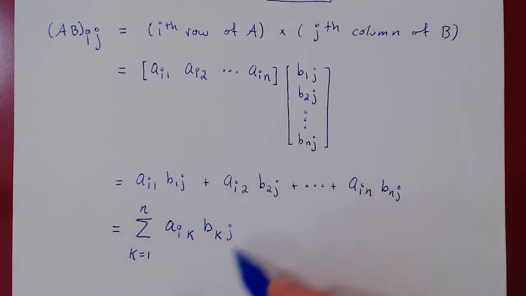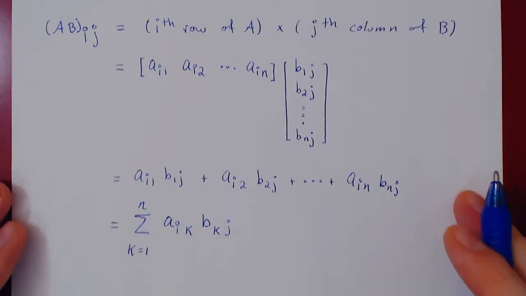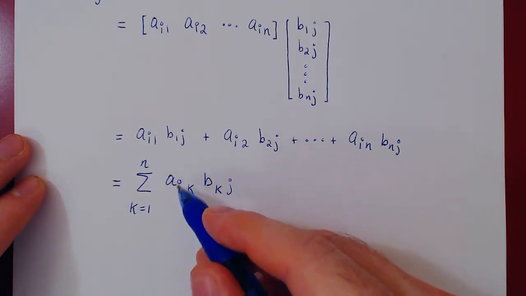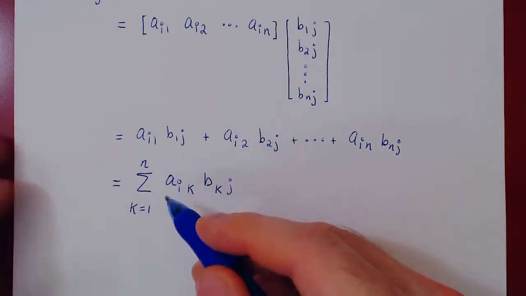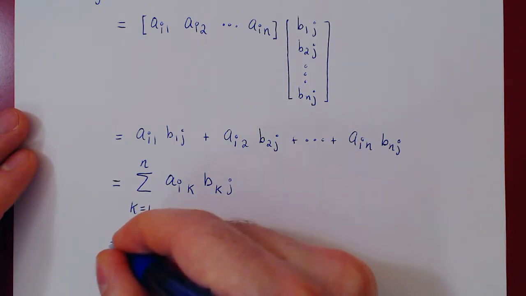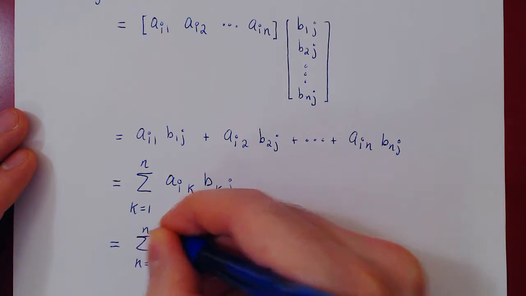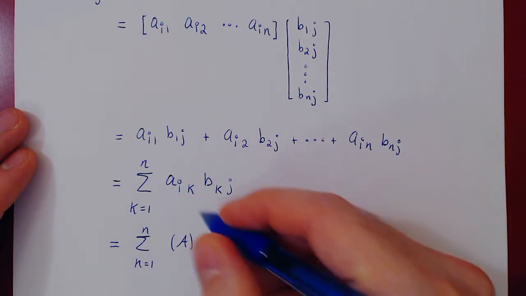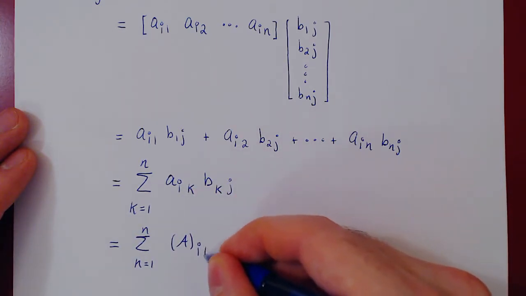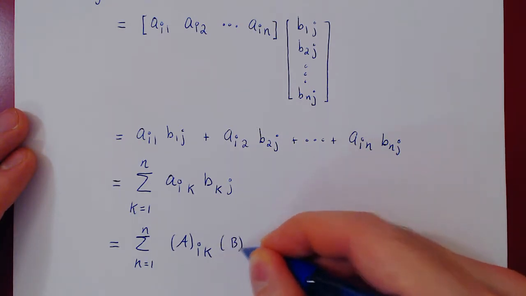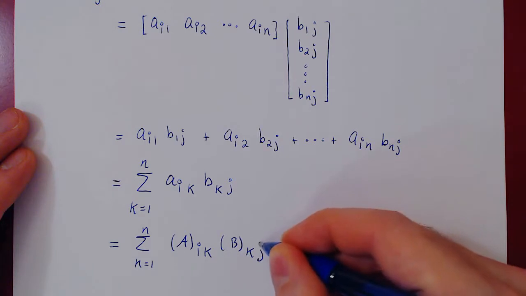Let me just tweak this a little bit further. I will simply rewrite lowercase a with an uppercase A but using round brackets. So the sum from K ranging from 1 to N, the entries of A in the ith row, kth column, times the entries of matrix B in the kth row, jth column.